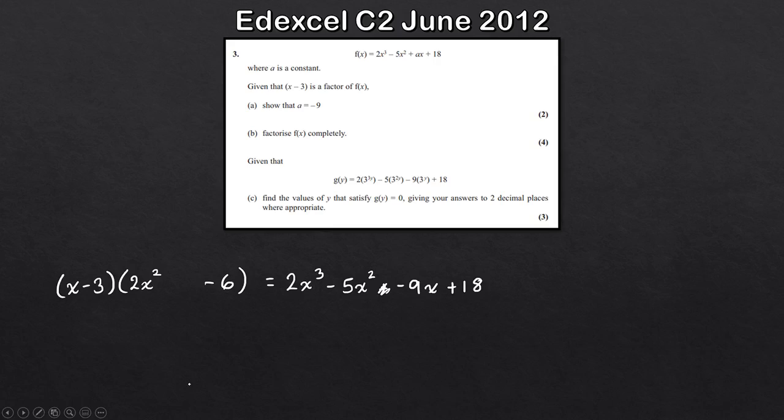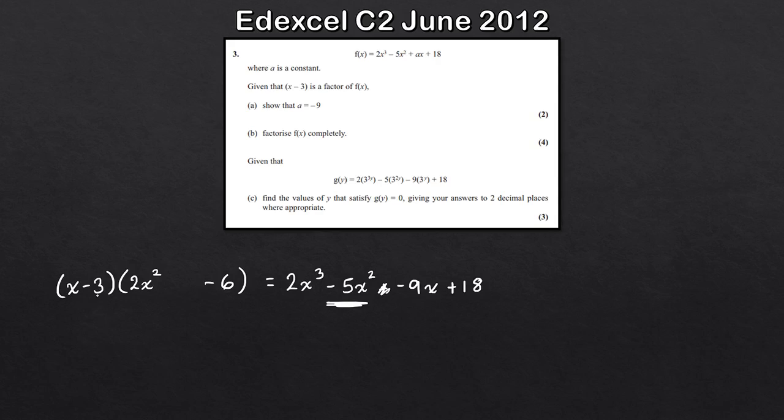So all we actually need here now is this middle term, which is arguably the trickiest bit to find, but it's not actually too bad. All we've got to think about here is how do we get this x squared term here? That's what we're looking for, this minus 5x squared. Well, it can't be to do with this x times 2x squared, because that would be 2x cubed.